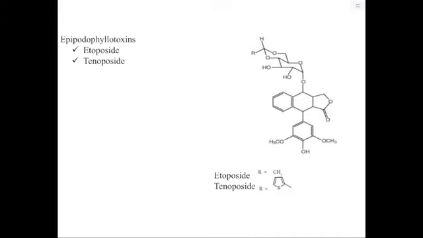And then we have the next, which we had also mentioned, the podophyllotoxins, and under that you have etoposide and teniposide. And again, if you look at this structure, the whole of this structure, all the way from here, all of that you can call an R, because that R remains the same in all these drugs.